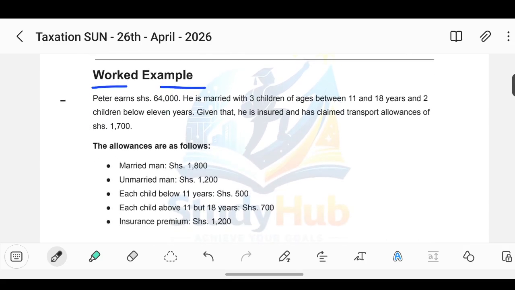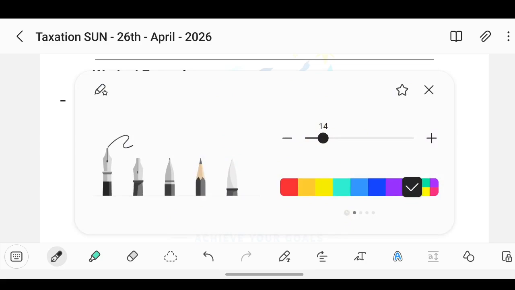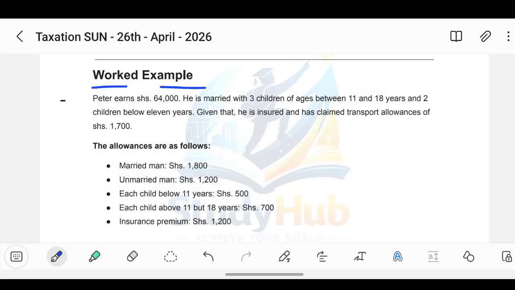So some worked examples. We have our example here where Peter earns 64,000 shillings. He is married with 3 children aged between 11 and 18 years and 2 children below 11 years.